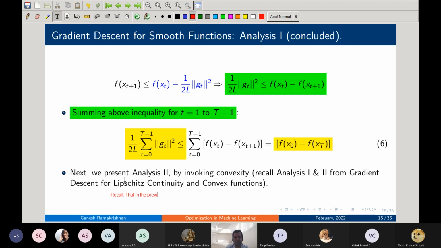So here we did the other way. In my previous analysis, we first brought in convexity, and then we saw the norm of gradient sitting there, and then used Lipschitz continuity.